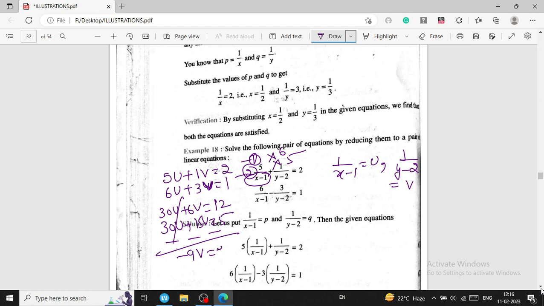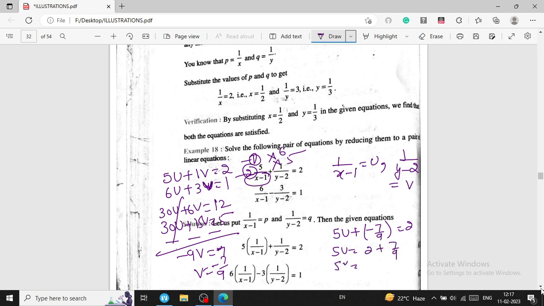12 minus 5, 7. V is equal to minus 7 by 9. Now put the value in the first equation. 5u plus minus 7 by 9 is equal to 2, so 5u is equal to 2 plus 7 by 9.